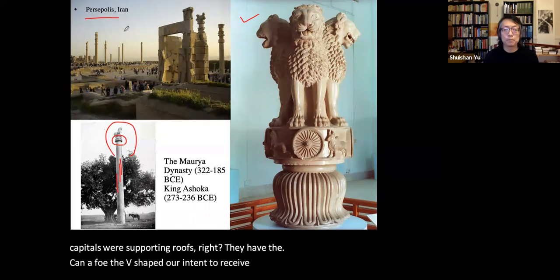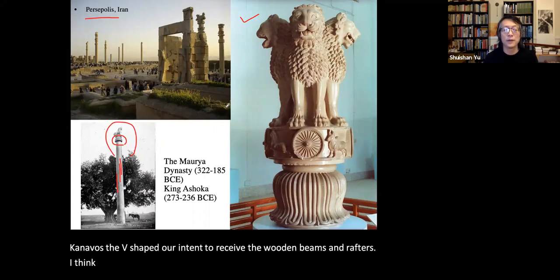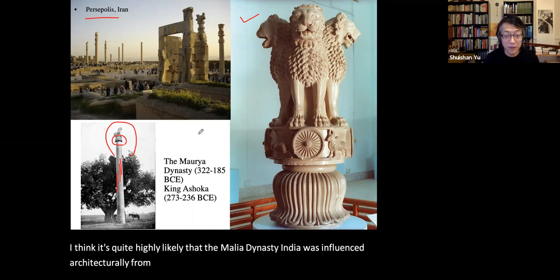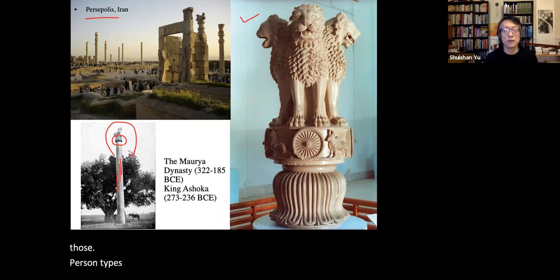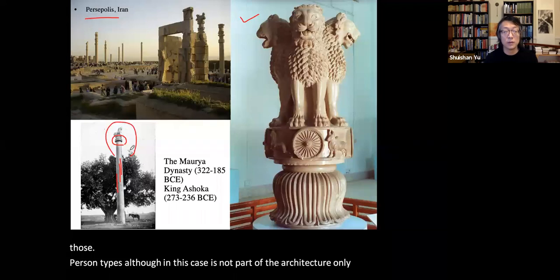and rafters. I think it's quite highly likely that Maurya dynasty India was influenced architecturally from Persia, from Achaemenid Persia, Persepolis, for example, because stylistically, this animal capital looks very similar to those Persian types. Although in this case, it's not part of the architecture, only taking the monumental appearance of those columns.